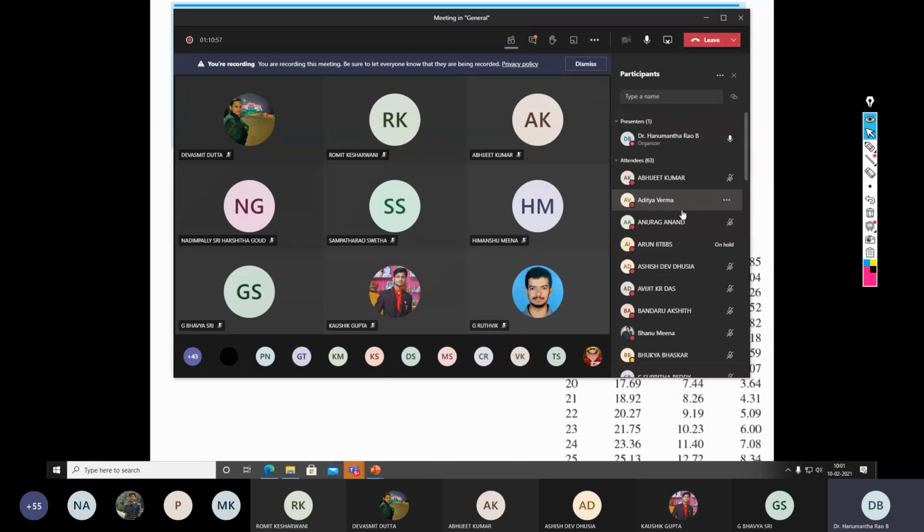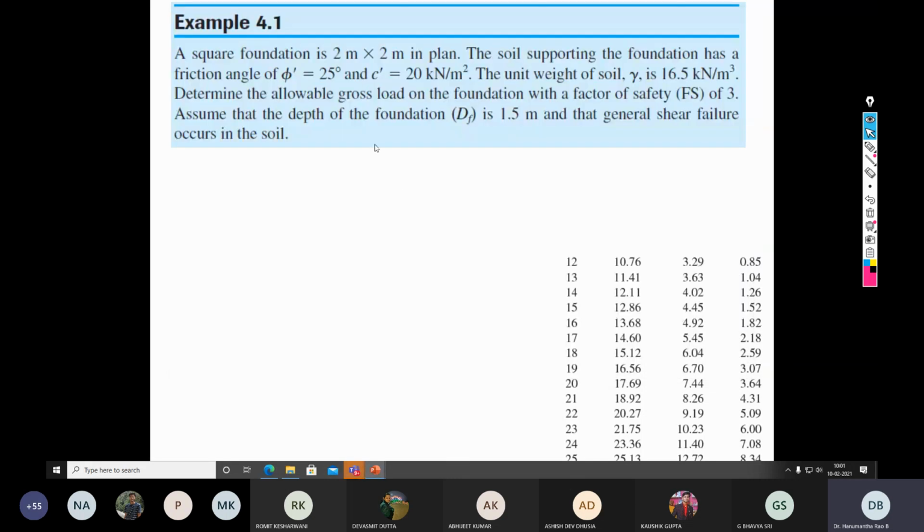As I told, in the bearing capacity equation, if you look at Terzaghi's bearing capacity, it is c Nc plus q Nq plus half gamma B N gamma. Your Nc, Nq, and N gamma are the bearing capacity factors, which are functions of the angle of internal friction. Here a small table has been given.